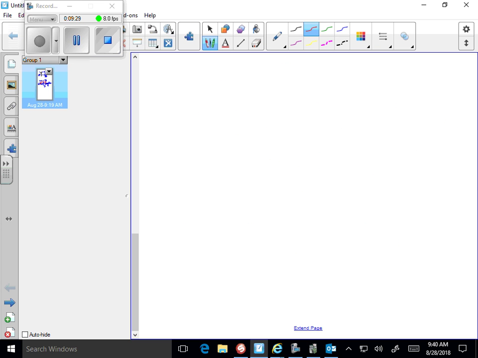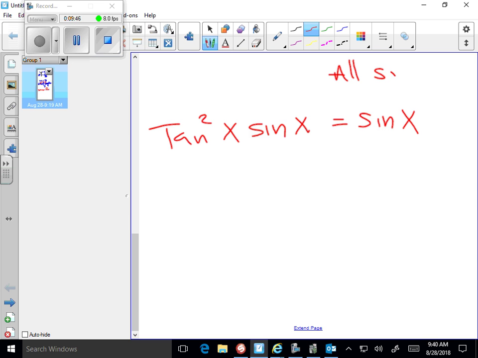Maybe we should do something tangenty then. Tangent squared x sine x equals sine x. And please don't divide here. And let's go with all solutions.